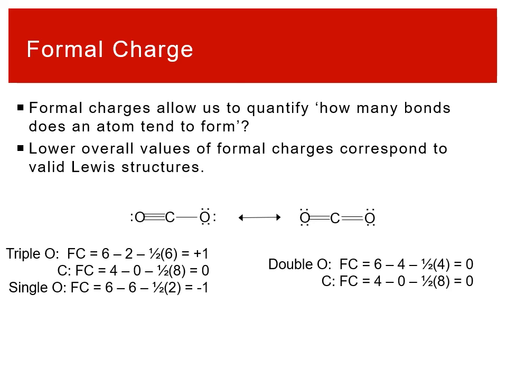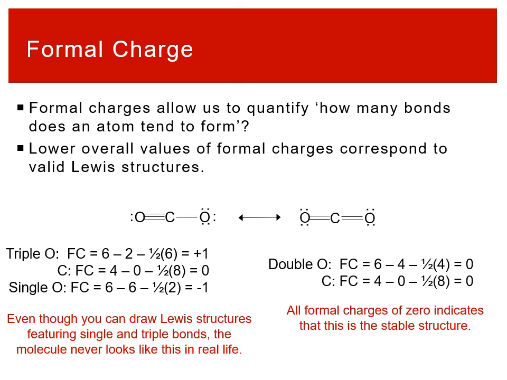If I look at the double bonding choice, both double bonded oxygens have a formal charge of 0, and the carbon also has a formal charge of 0. Because they are all 0, that indicates this is the best Lewis structure. Not only do all of my atoms have full valences and complete octets, they also are following their preferred bonding pattern. This Lewis structure over here with the triple bond and the single bond, I can draw it, and it follows all my octet rules and everything else makes sense.